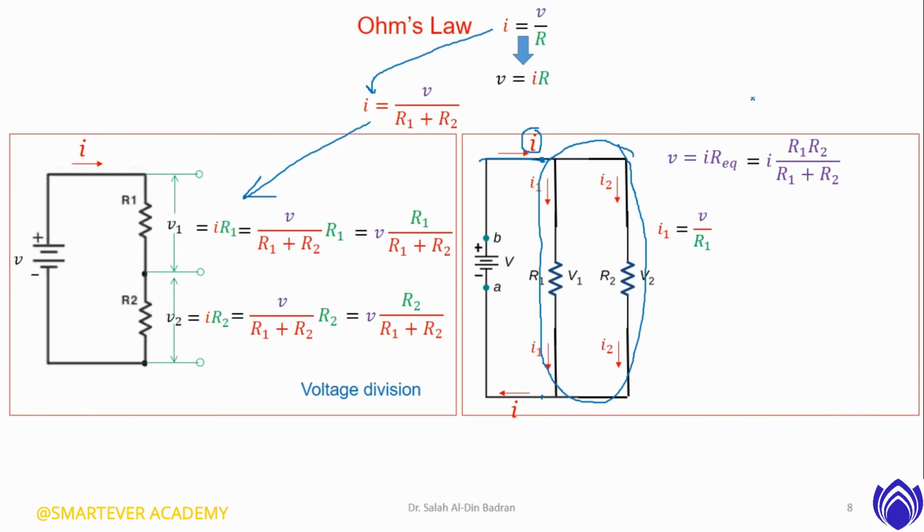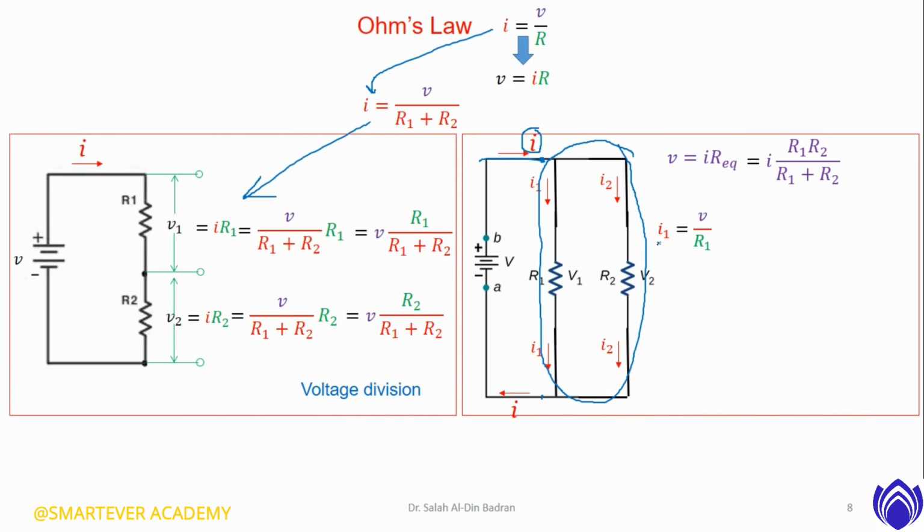Now, the current I1. Remember, the current here is different from the total current. The summation of both currents I1 and I2 is equal to the total current. So I1 is different from I2, which is different from I. So we need to find I1.